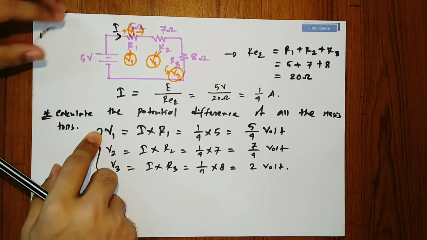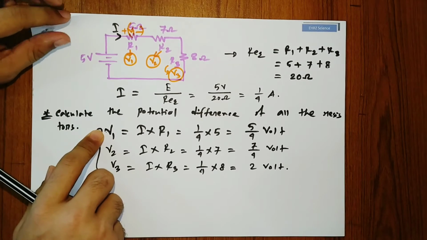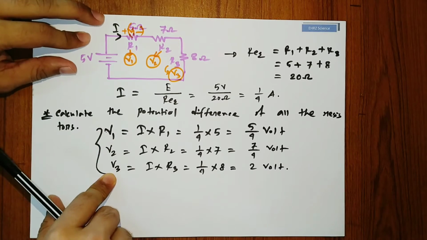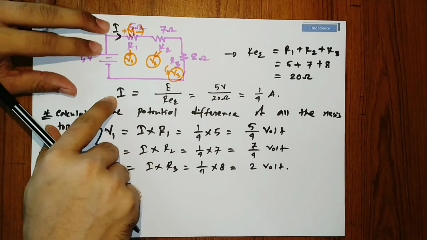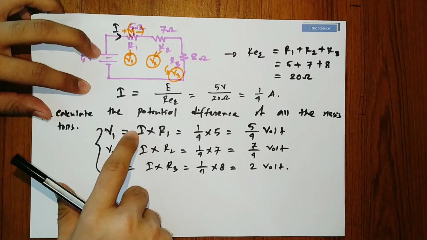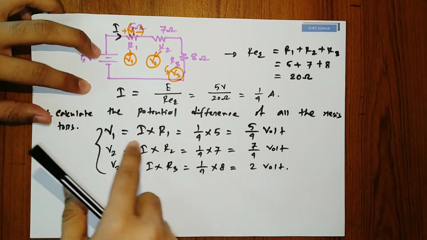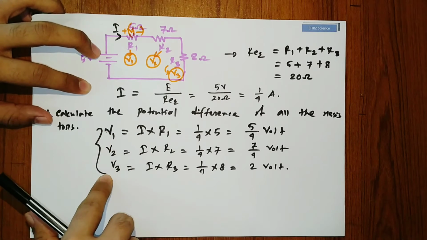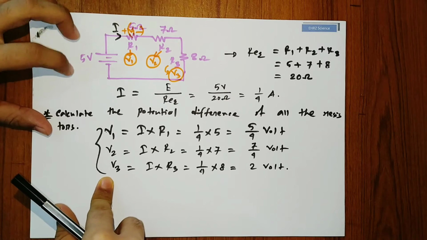To calculate the values of V1, V2 and V3, we had to find the electric current first, because without knowing the electric current I, we couldn't calculate V1, V2 and V3, isn't it?